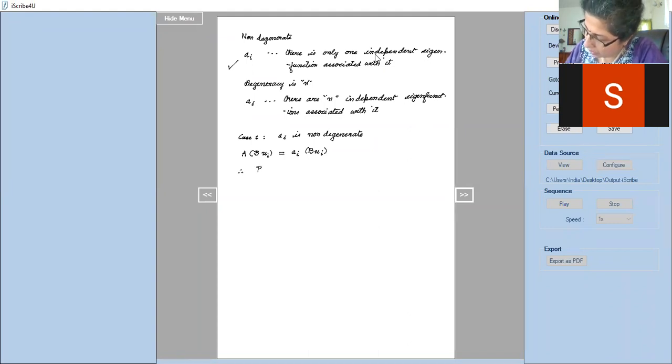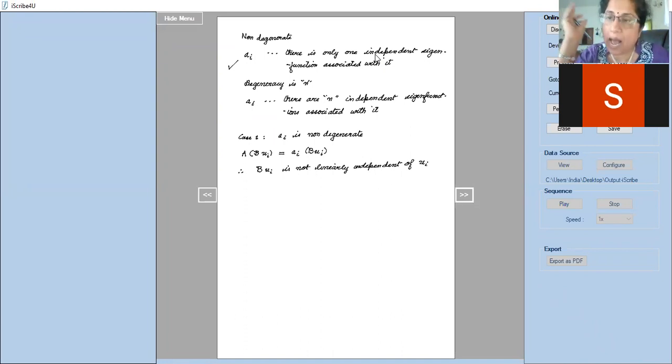Therefore, B ui is not linearly independent of ui. It means that you should be able to write B operating on ui in terms of ui itself. Why?